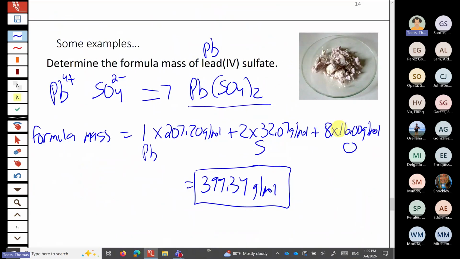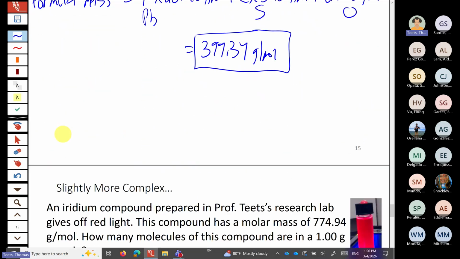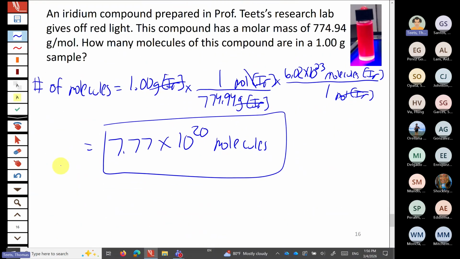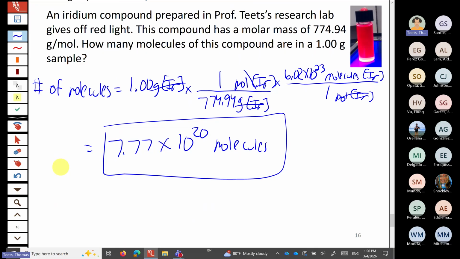Again, you'd have to account for the fact that there's 8 oxygens in the formula. So the molar mass would tell you how many of this entire formula unit are in 1 mole, but the number of oxygen atoms would be 8 times that because of the 8 in the formula. So you'll see problems like that in the homework that often trip people up. So that's an additional step you can sometimes have. But the relationships are all kind of centralized around here that we gave.